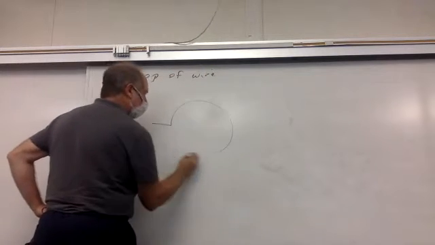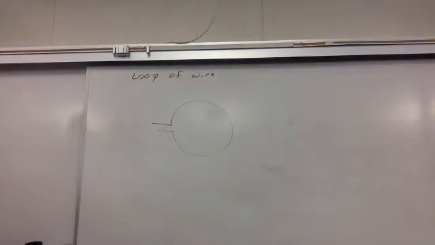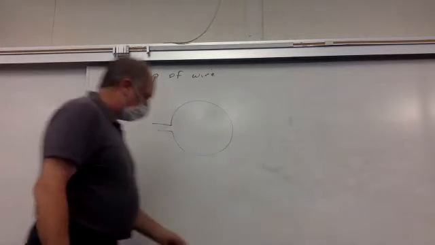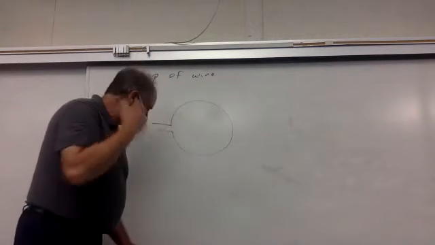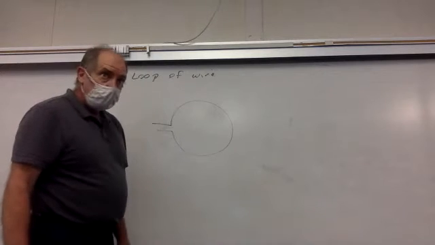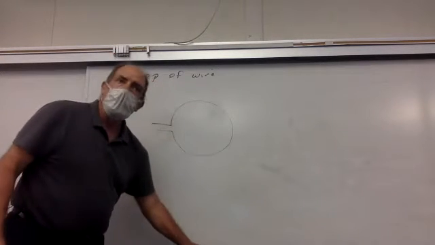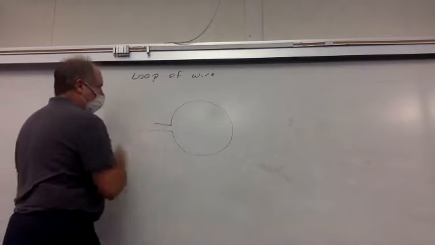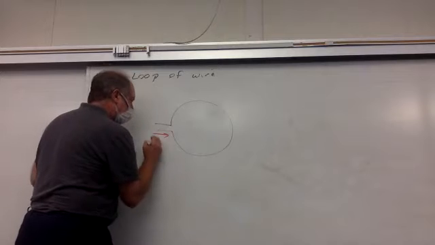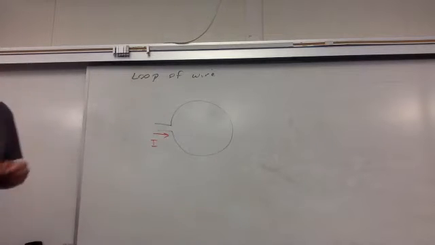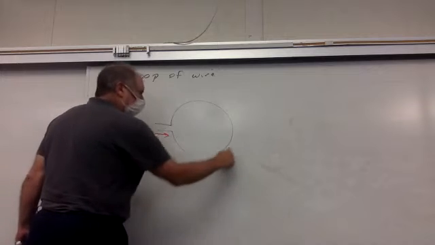So I have something like this. Well, let's pass current in. I'll get into that. Let's pass current in like that. So the current is going to go around the loop like this.